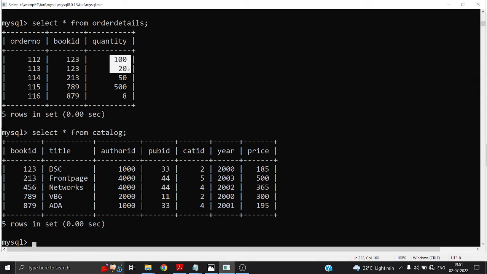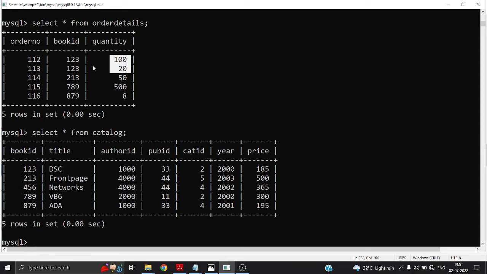We need to take the sum of this. That means textbook with ID 1, 2, 3 has the sales of 120 because the same textbook was ordered two times with the total quantity 120. That's why we are supposed to take the sum of these two.